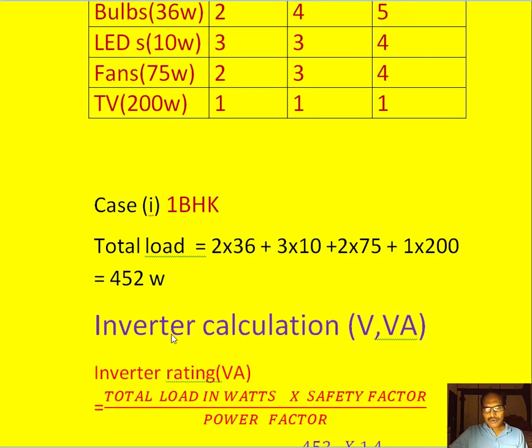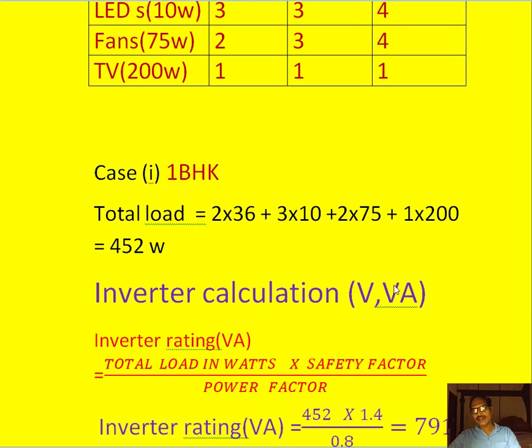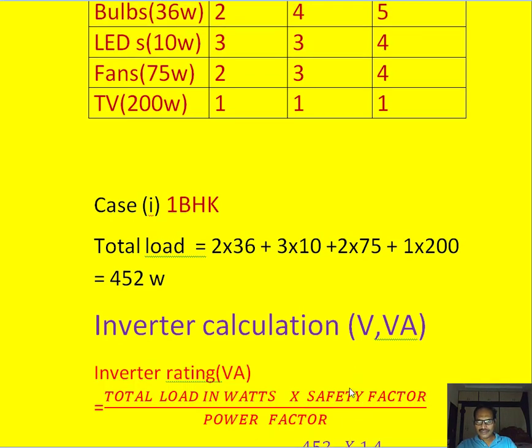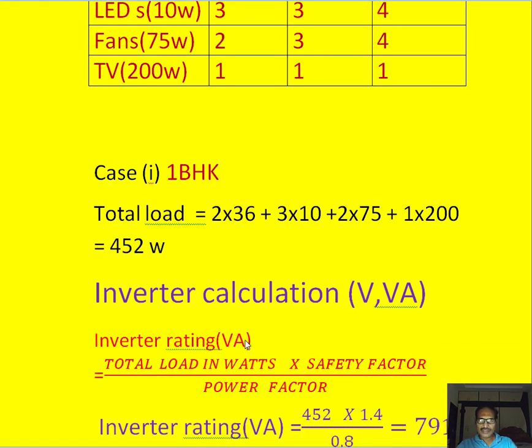Next, how to calculate the inverter rating. The inverter rating is normally mentioned in the form of voltage and volt ampere, that is V and VA. For getting the VA rating, that is the inverter rating, there is a formula: total load in watts into safety factor divided by power factor. We have seen in the presumptions that the safety factor is 1.4, and the total load depends upon the different cases.